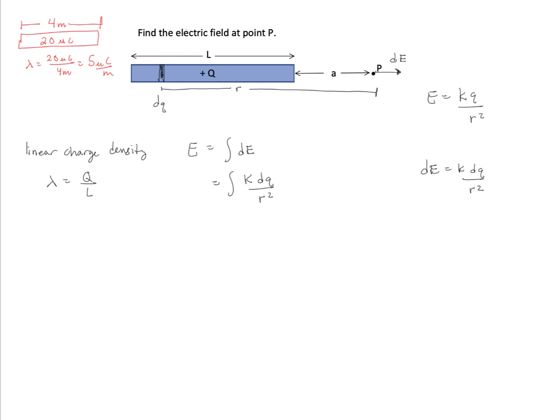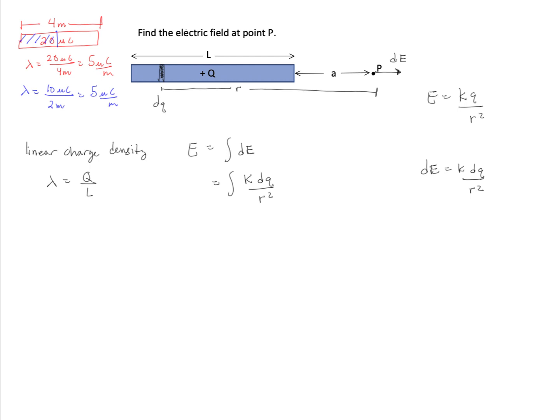Now, if I were to cut that bar in half, and I'm only looking at this blue section, then the linear charge density would be half the charge, 10 microcoulombs, over half the length, 2 meters, and we'd still get the same linear charge density. It would still be 5 microcoulombs per meter.